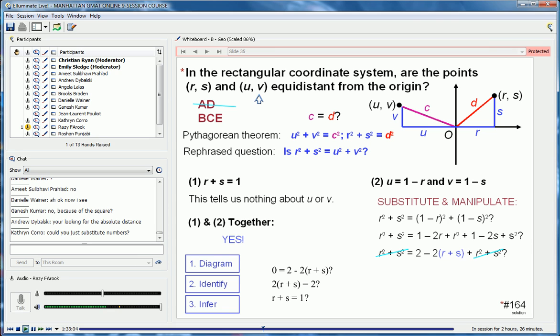But since we're given r plus s equals 1, and then in the other statement we have u equals 1 minus r and v equals 1 minus r, what we're trying to find out is, like you said, the distance, so can we just substitute what we're given in statement 2 into statement 1 and see if statement 1 works? And then that can determine whether or not C, both statements together, works.